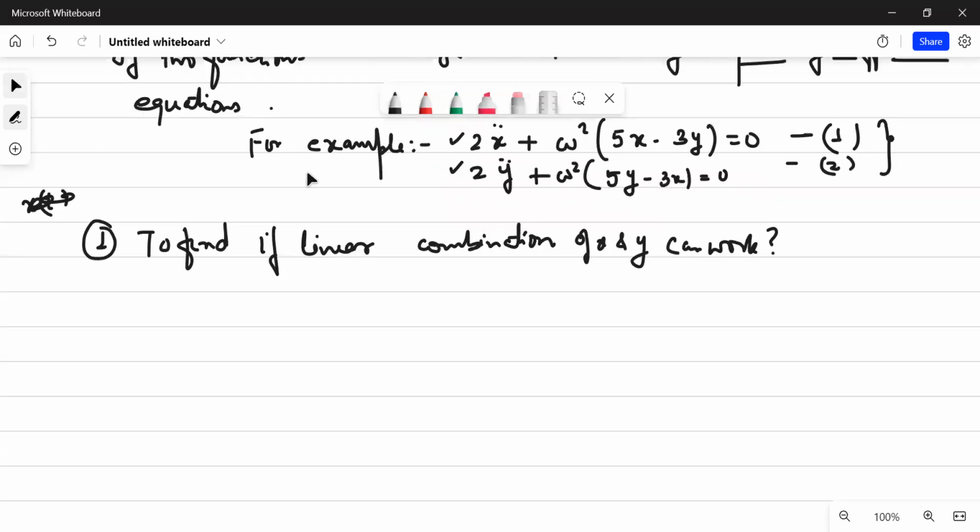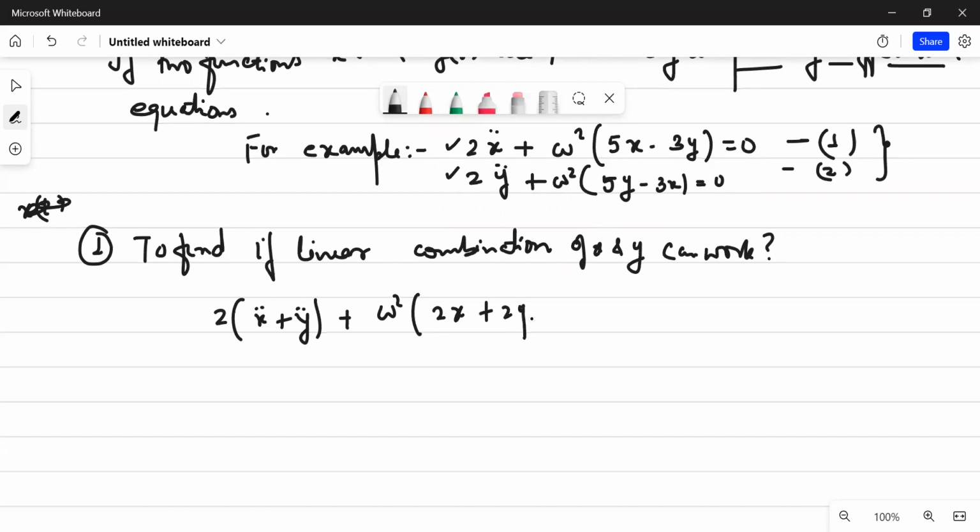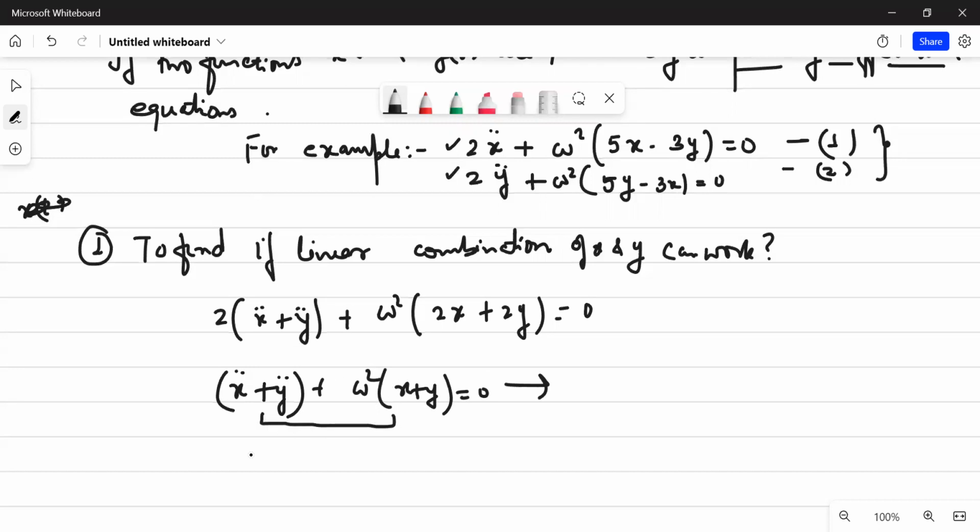What you can observe is that if I add 1 and 2, what will happen? This will be omega square, and 5x minus 3x will give you 2x, and then this would give you plus 2y. And so overall, you'll get 0. You can see that there is a differential equation in x plus y, and this particular differential equation satisfies the differential equation for free oscillations.